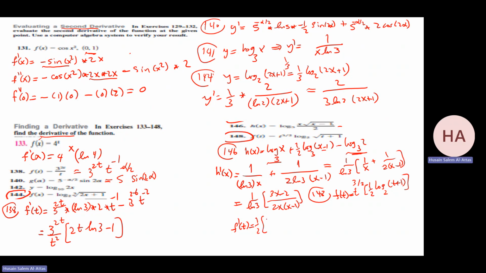This one is 3 over 2 t to the power half times log with the base 2 of t plus 1, plus t to the power 3 over 2 times 1 over ln 2 times t plus 1. You can take t to the power half as a common factor, or you can just leave it like this.